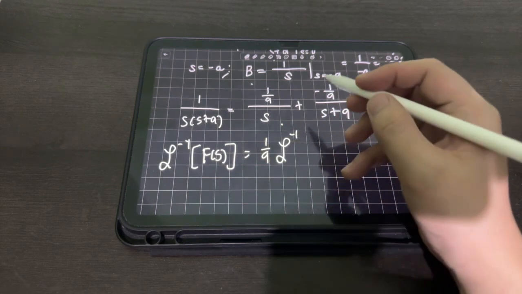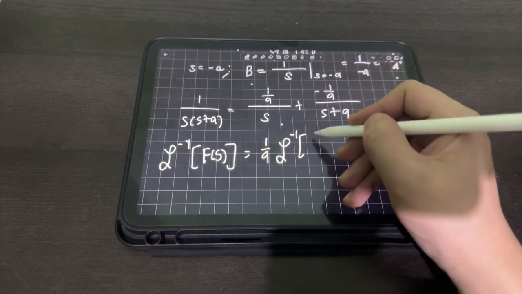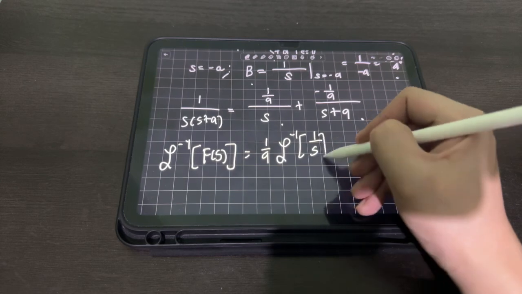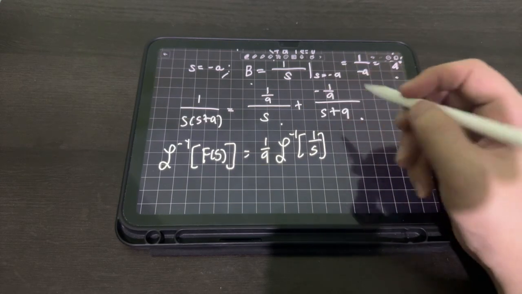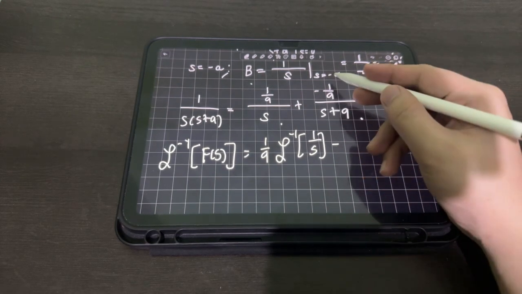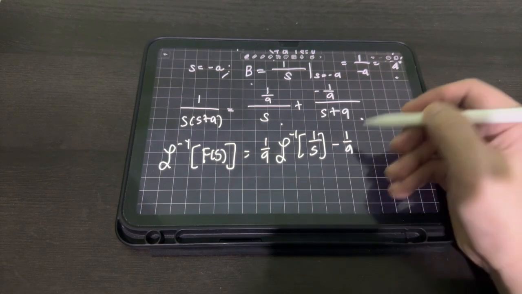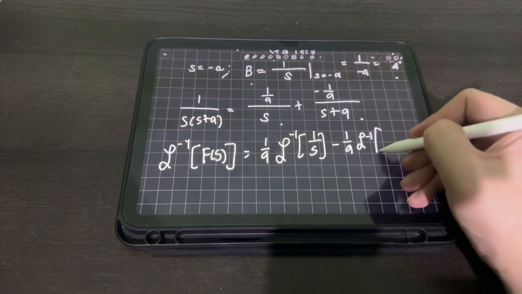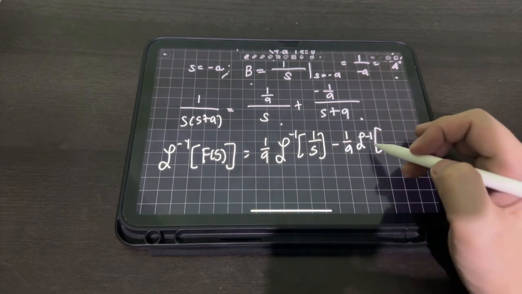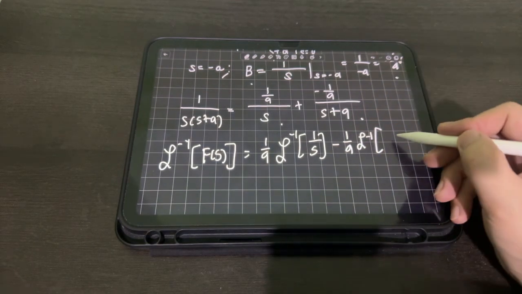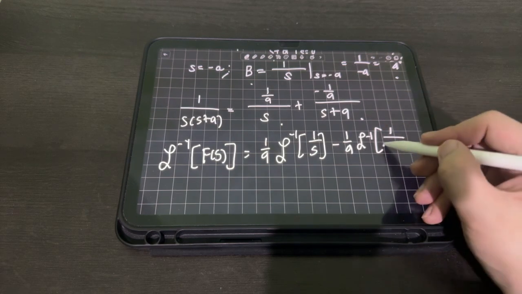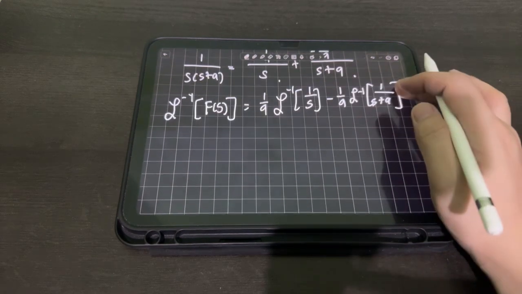So 1 over a times the inverse Laplace transform of 1 over S. The negative 1 over a is also a constant, so you can put it in front of the inverse Laplace operator. So you have negative 1 over a times the inverse Laplace transform of 1 over S plus a.